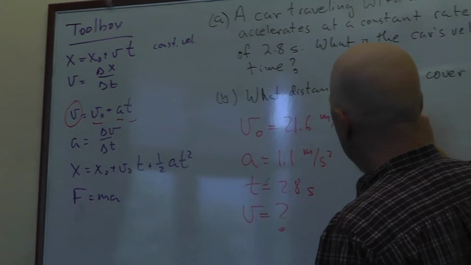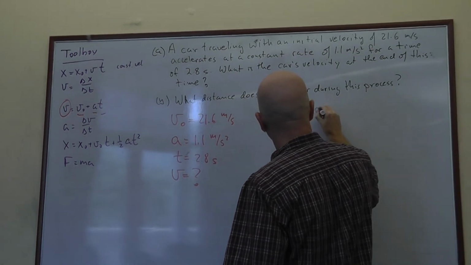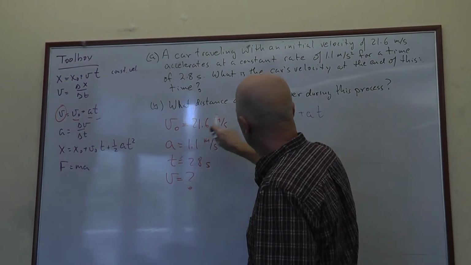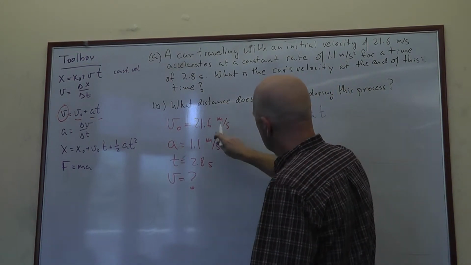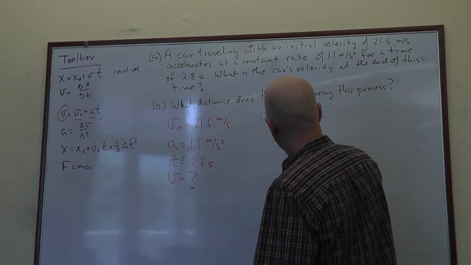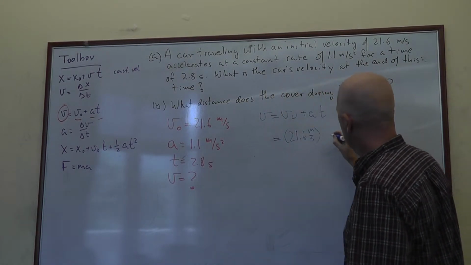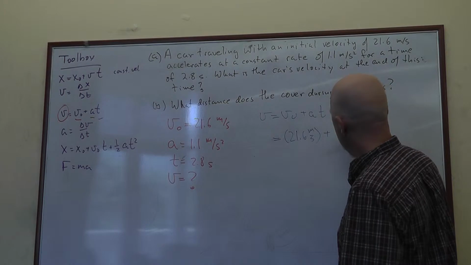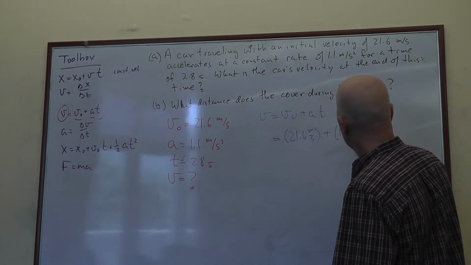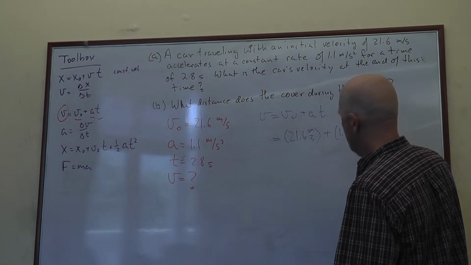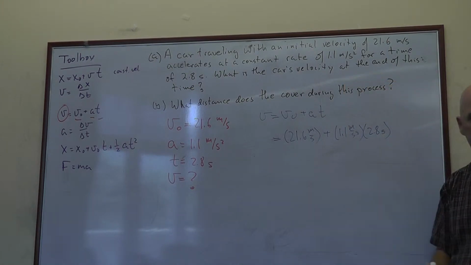So I'm going to write that equation down over here, V equals V0 plus at, and now I'm just going to feed these values in here. So V0, 21.6 meters per second, plus a, which is 1.1 meters per second squared, times the time, which is 2.8 seconds.